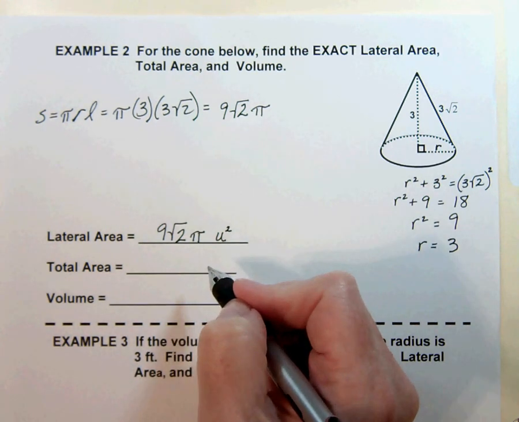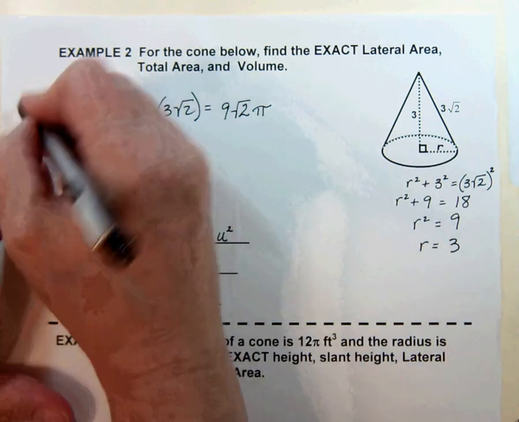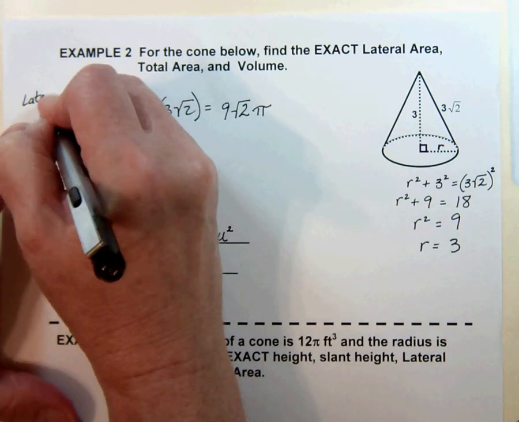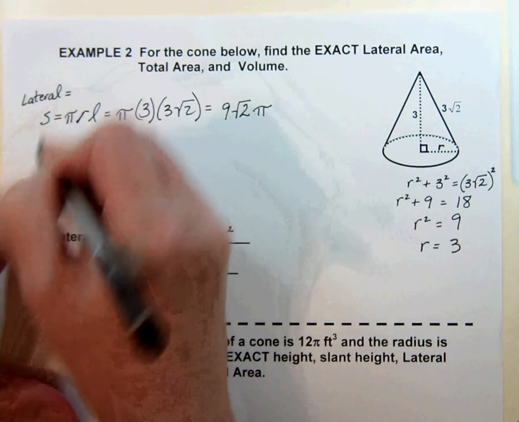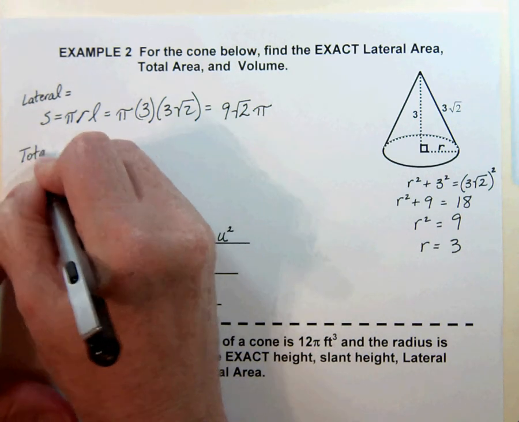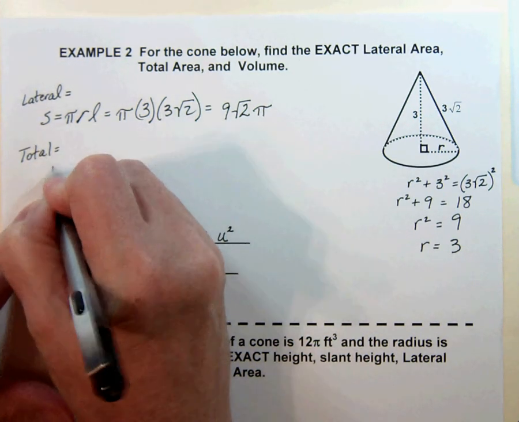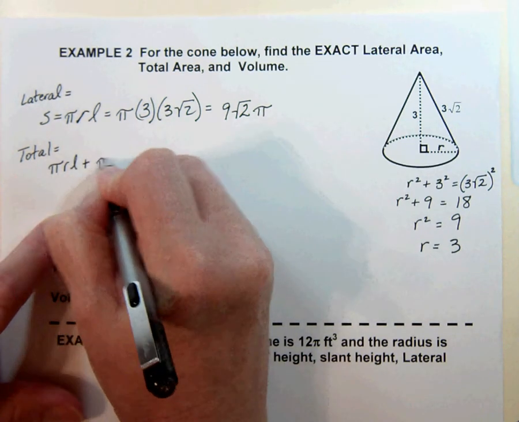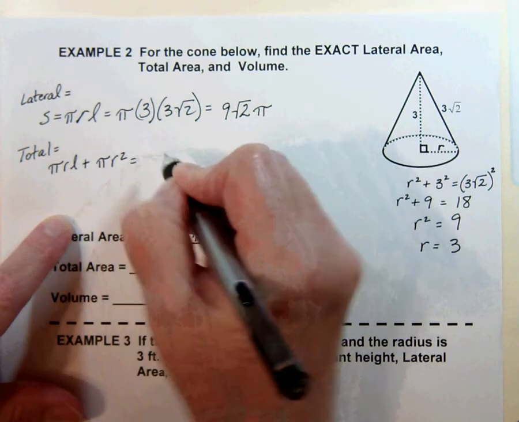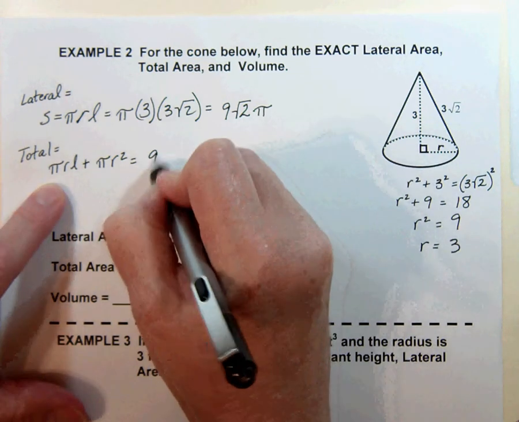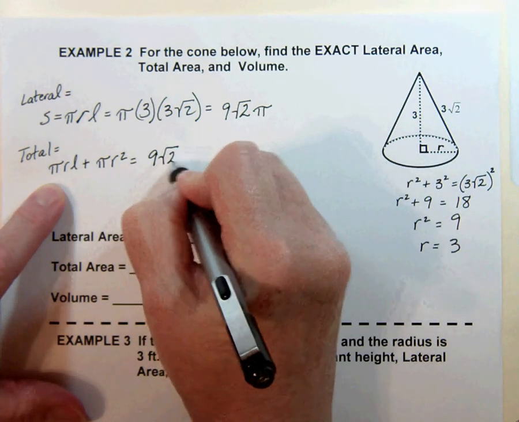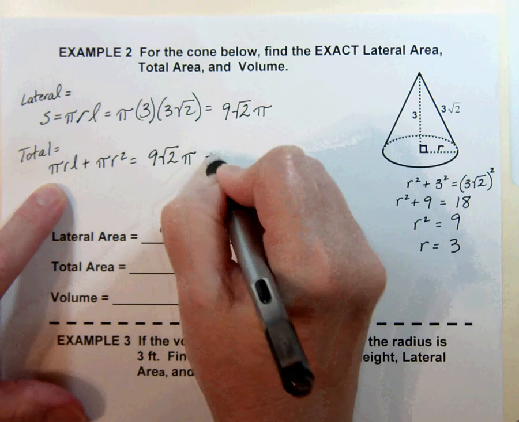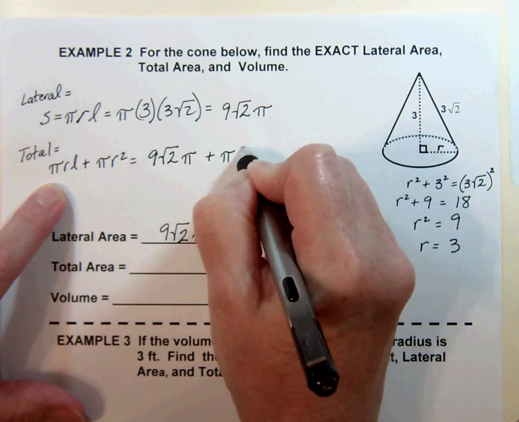That's your lateral. To do your total, let's write the word lateral. Total is when you do the lateral area and you add the circle base. We've done the lateral, and we found it to be 9 times the square root of 2 pi. So we're going to add pi times radius squared.